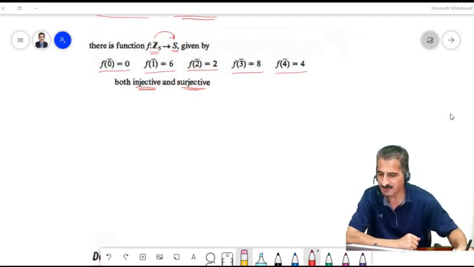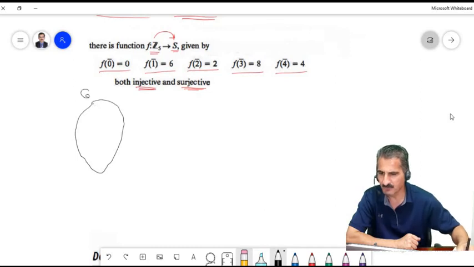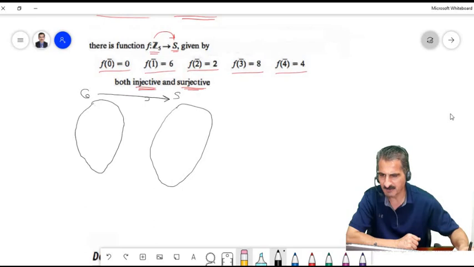So we will assume, say, let me use a different color, we have a map that goes from group G to another group S, and that map is f. Now assume we have an element here which is a, and another element somewhere which is b.